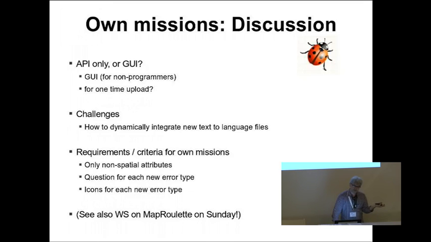It's the question if it should be an API rather for programmers or a GUI, because it's not so easy to define a good mission type. We have challenges. For example, you have to enter a separate text, a good text. It needs to have only one attribute.